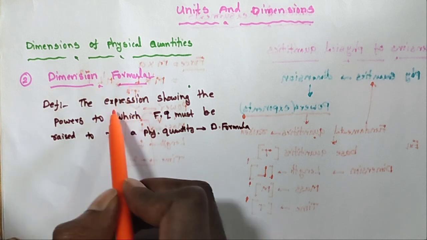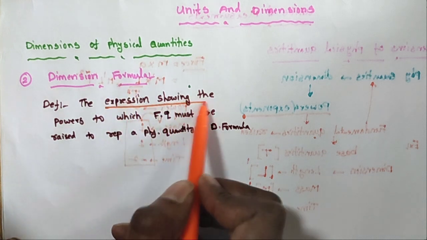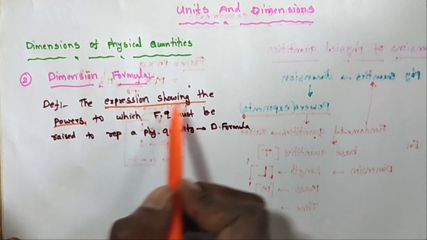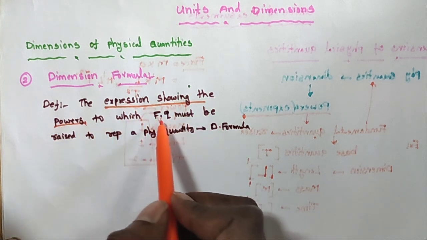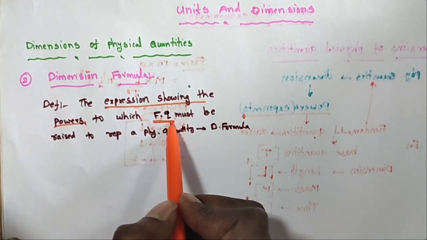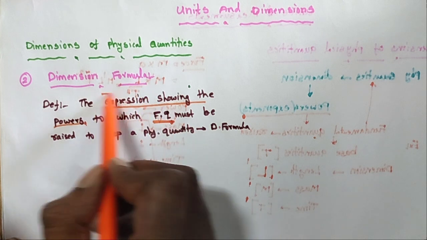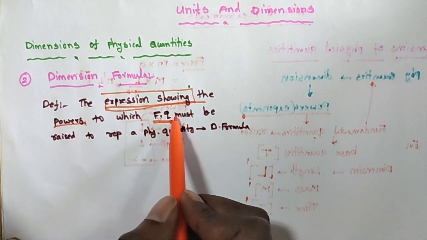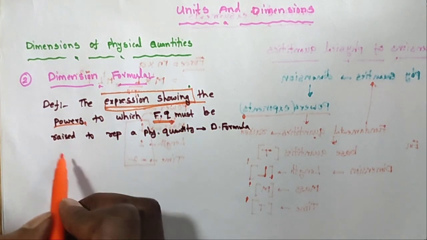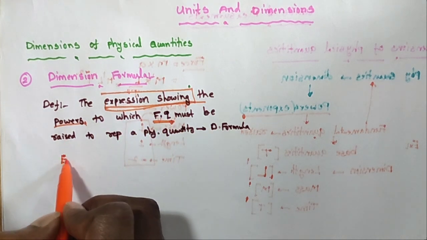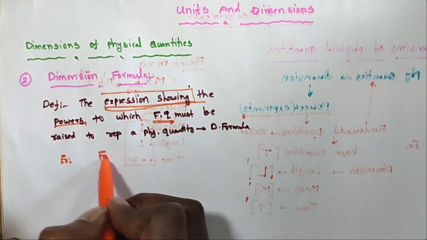So what is the difference between dimensions and dimensional formula? This dimensional formula shows the powers to which fundamental quantities are raised. It shows an expression of the fundamental quantities with dimensions. For example, I am taking the same example, force.